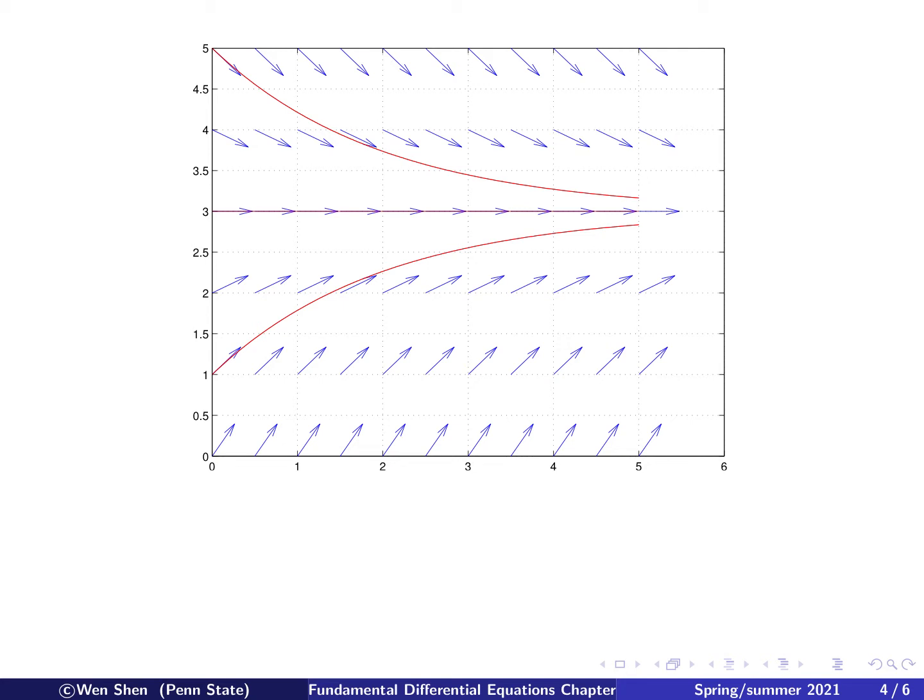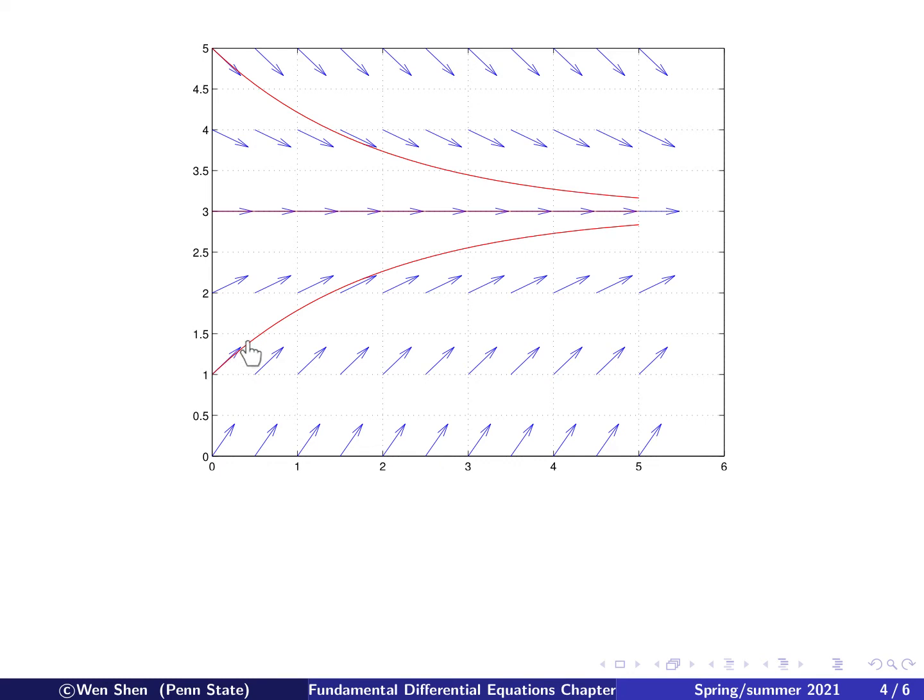Now let's discuss the case that y0 is less than 3. We can pick a point, because from the discussion up here, we are expecting them to behave similarly. So pick the case y0 equals 1. From the directional field, we see the solution will go up.